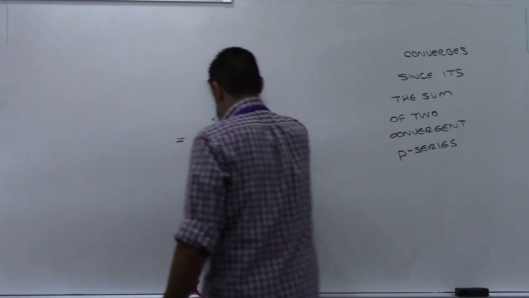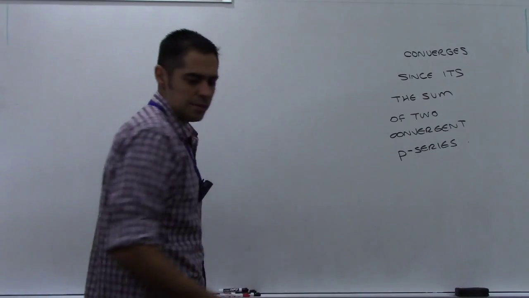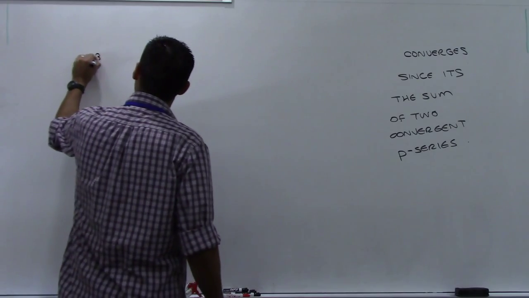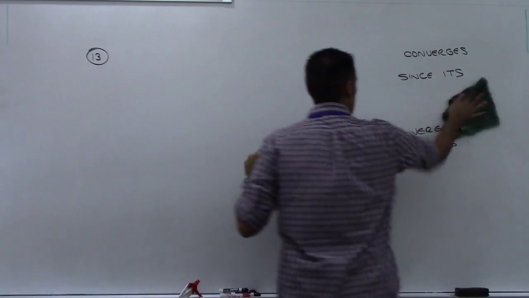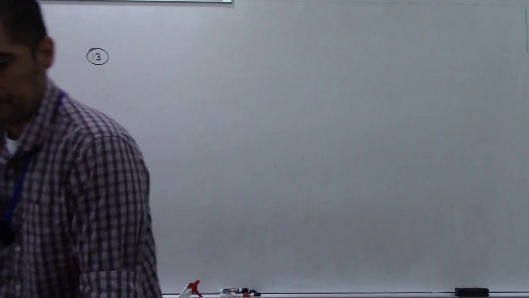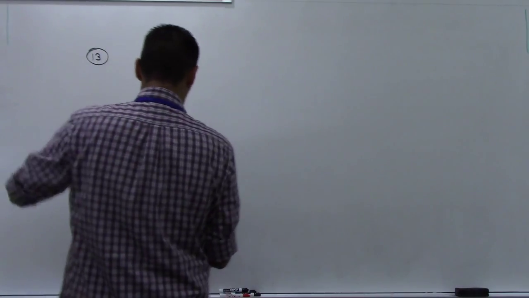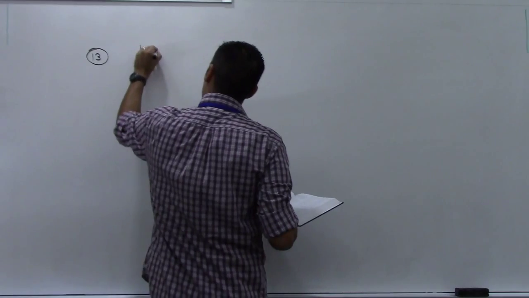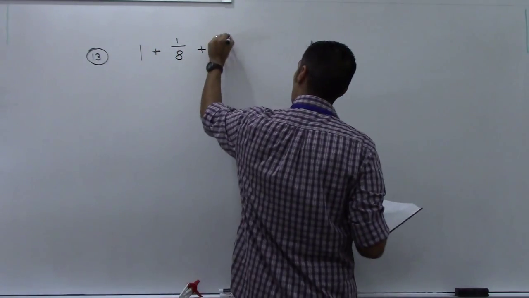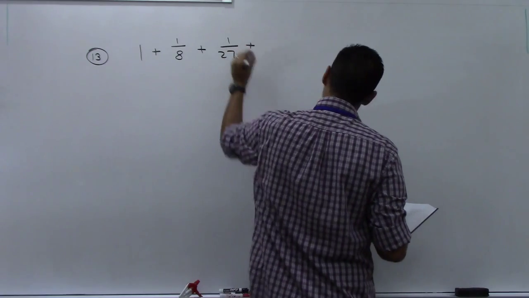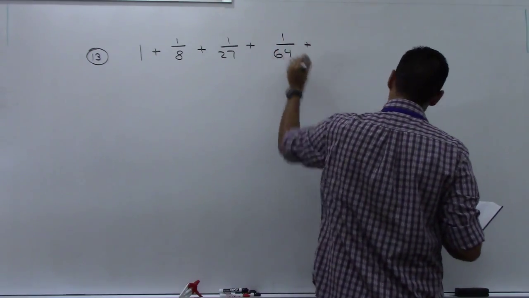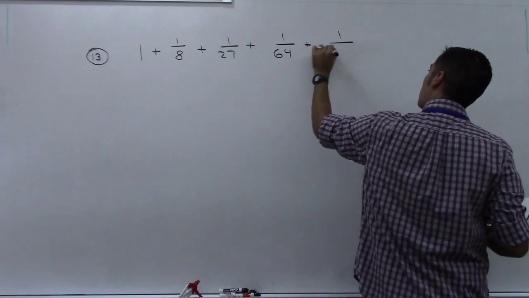Let's look at 13. Notice I haven't used a comparison test yet. Let's see if 13 I need to. All right, here we go. Now we're gonna have some fun. One plus 1/8 plus 1/27 plus 1/64 plus 1/125.